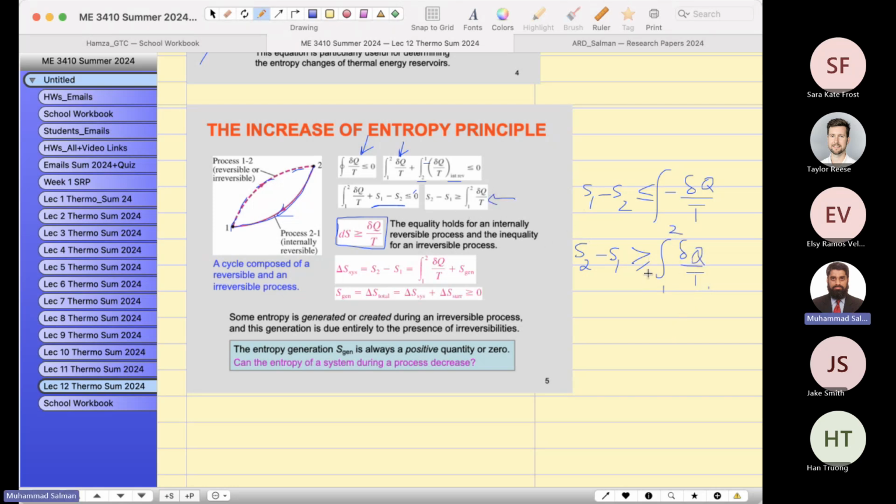It's the same thing. Okay. And for a system, final minus initial entropy equals delta Q over T plus entropy generation. Okay. What is entropy generation? It is the total entropy of the system and the surroundings.